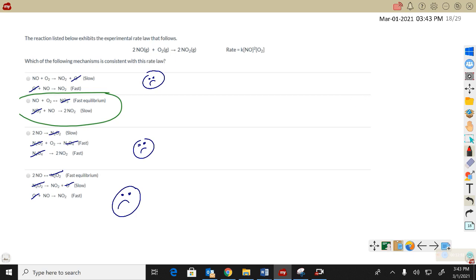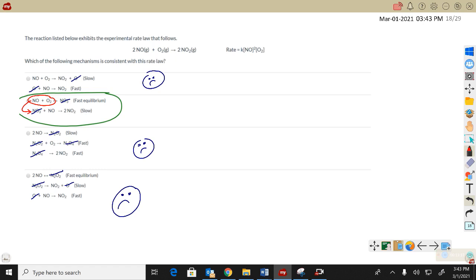Nothing is ever going to completion. Nothing is ever zero. All 3 of these particles are present. So you can take what's opposite that intermediate and sub it in place of the NO3. And now I would get 2 NO and 1 oxygen.